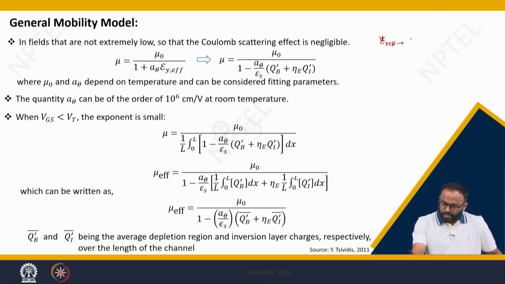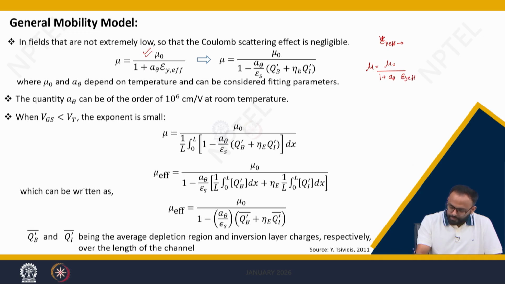We are considering that Ey effective is a bit high, where the inversion charges are there and they screen the Coulomb scattering. In that condition a simple model of mobility can be defined as mu equals mu naught divided by 1 plus A theta times Ey effective, where mu naught and A theta are constants. They are tuning parameters to get a better fit of these models.